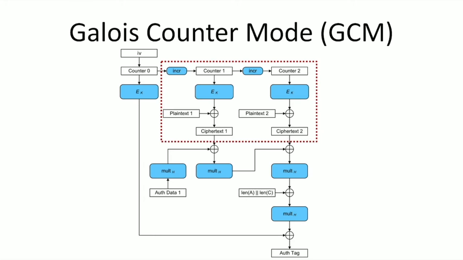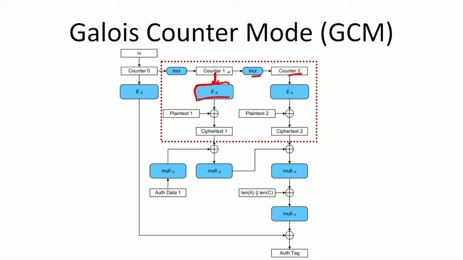This portion in red is showing you the counter mode for encrypting plain text blocks, and it is essentially the same as what we saw in the previous slide for CCM. So we have counter values that we constantly increment for each block.